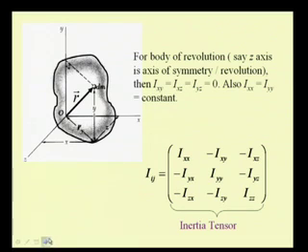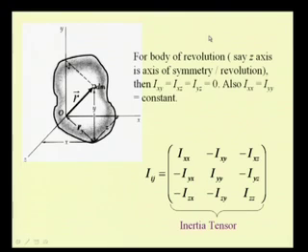Now, we have seen the moments of inertia with respect to the principal coordinate axes x, y and z, and also the product of inertias with respect to the planes. These quantities can be conveniently written in a matrix form.